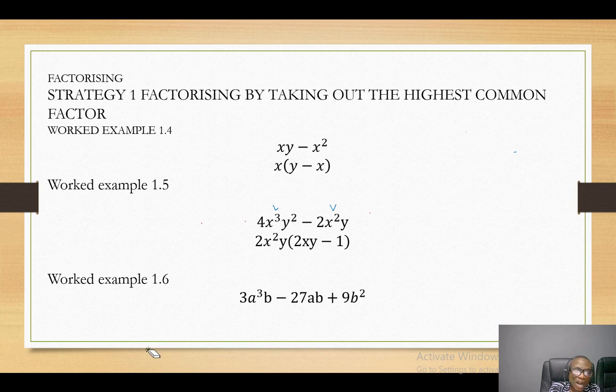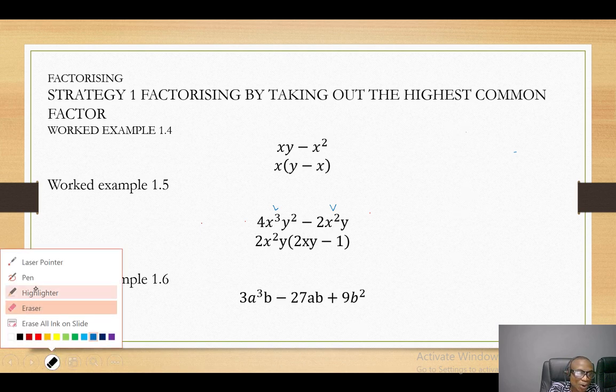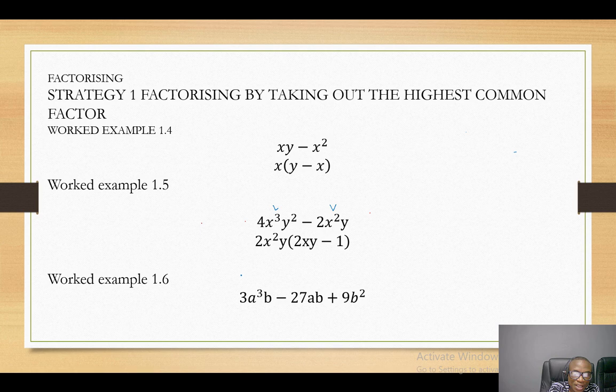You put your focus on numbers. You start by looking at numbers. You've got 3, minus 27 and 9. What is the common factor of these numbers? Not minus 3, but 3, minus 27 and 9.